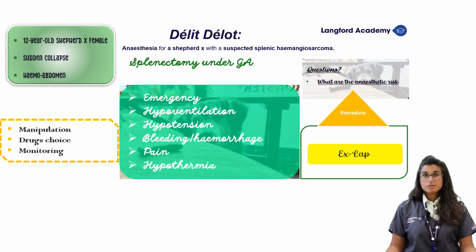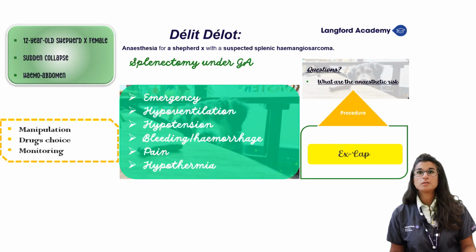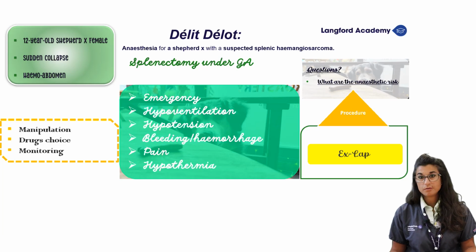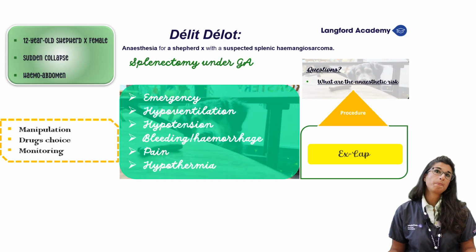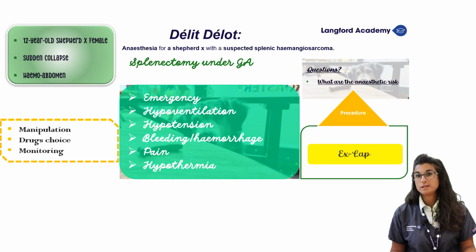So regarding the consideration of the procedure, because it's an exploratory laparotomy, it's an emergency surgery. The patient has high risk of hyperventilation because the patient is going to be on its back. There is a high risk of hypertension for many reasons, as we discussed before. And there is also a risk of bleeding and hemorrhage because we're going to remove the spleen.